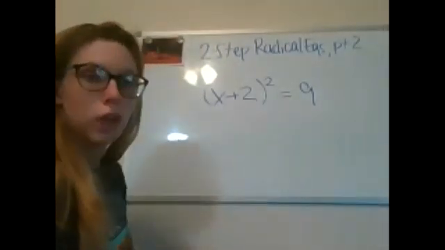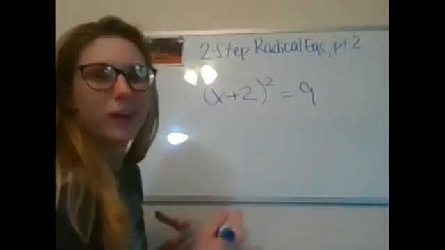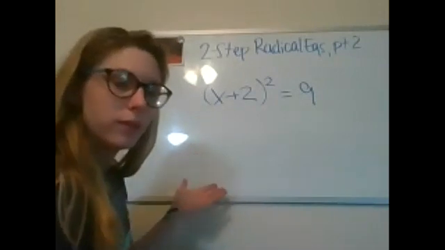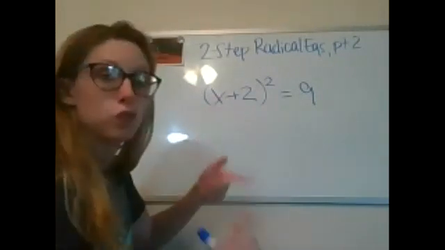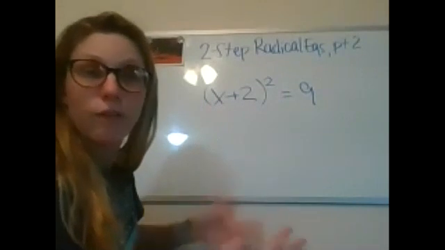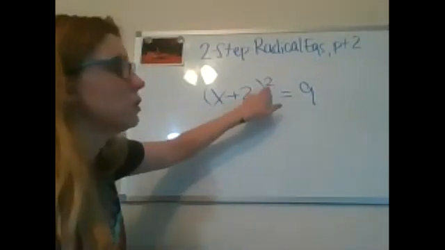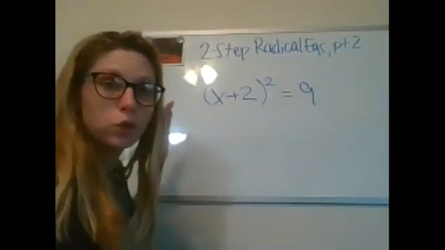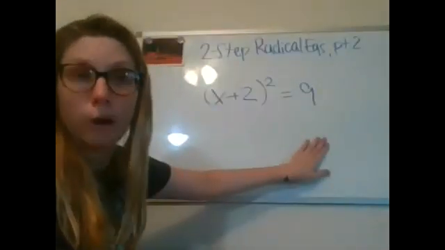All right, so the only difference is that we're going to do it backwards from how we did the ones that were outside the function. So in these, we're going to take the square root or square both sides first. Because this one has a square, the opposite of a square is square root. So we're going to take the square root on both sides first.